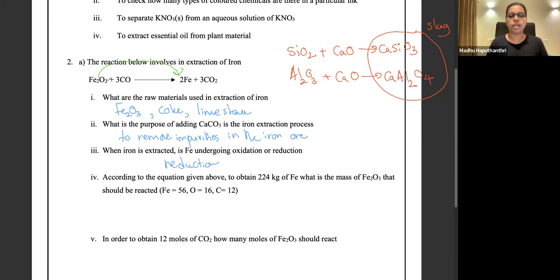Here the simple explanation is, at the beginning, Fe is connected to oxygen. If a certain compound is getting rid of oxygen, it's a reduction. That's one interpretation of redox reactions. Right? If someone is releasing oxygen, it is undergoing reduction. If someone is accepting oxygen, that is undergoing oxidation. Right, so this one is reduced. And then we'll take the calculation next.